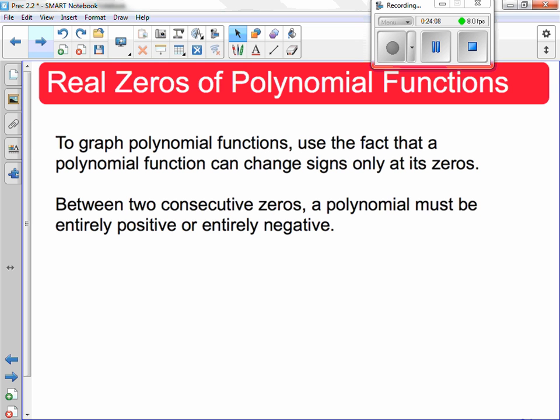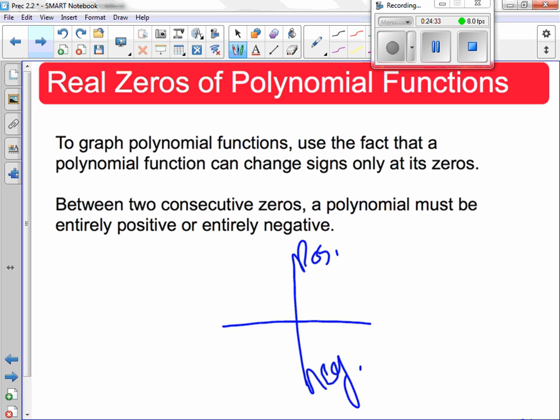To the graph, a polynomial function is the fact that a polynomial function can change sign only at its zeros. Because for the y values, if it crosses the x-axis, y goes from positive to negative or negative to positive. So it might be easier if we look at a graph. The y values are positive up here, and they are negative down here.